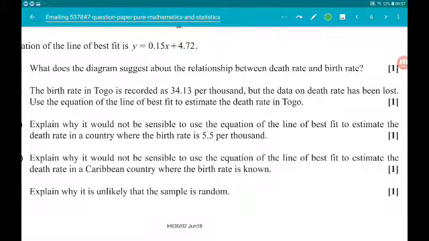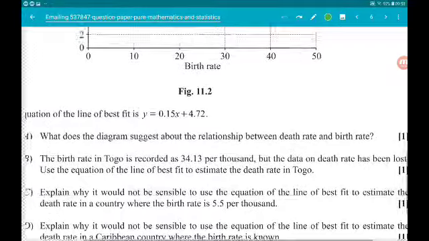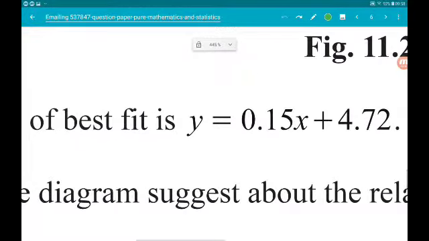Okay, then for part B. The birth rate in Togo is recorded as 34.13 per 1,000, but the data on death rate has been lost. Use the equation of the line of best fit to estimate the death rate in Togo. Okay, so remember that Y is death rate.